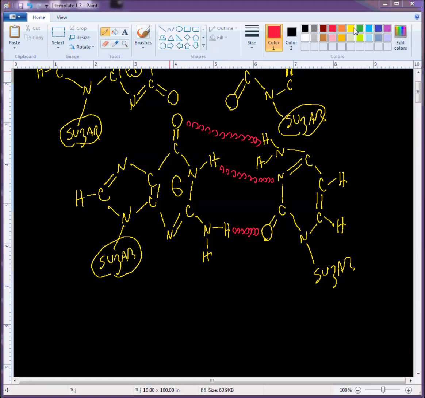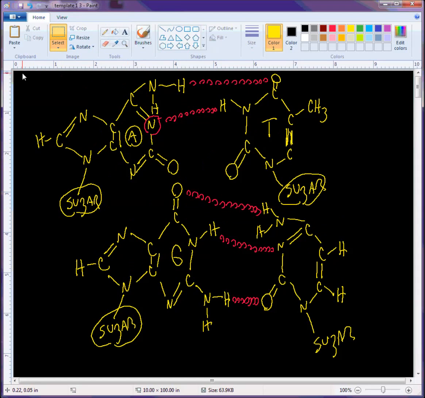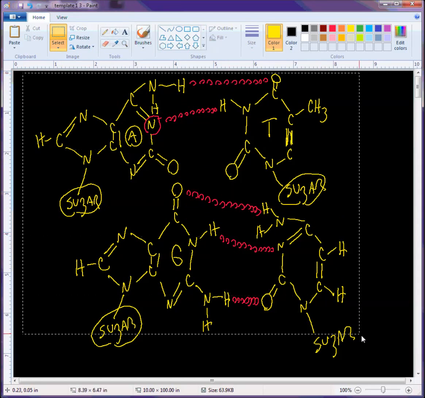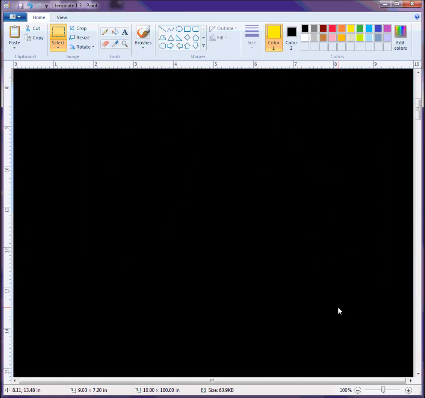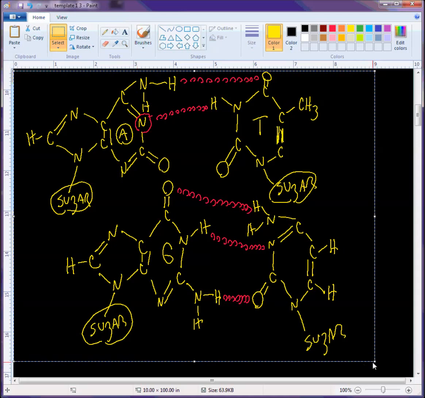So now we need to draw these attached to the sugars, and that's going to be really difficult, especially with this small space I have to draw the structure. So let's see if I can shrink this down a little bit. I'm going to copy that, and let's see, I can paste it, and let's see if I can shrink it.